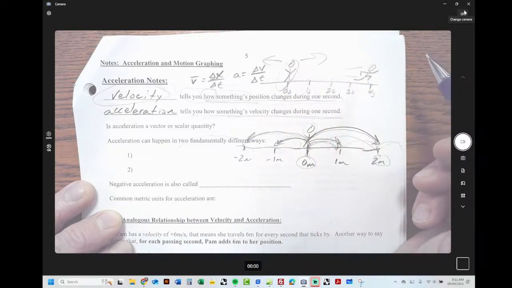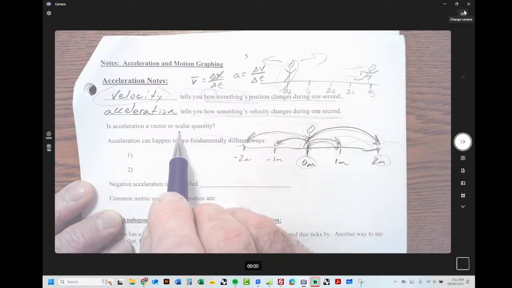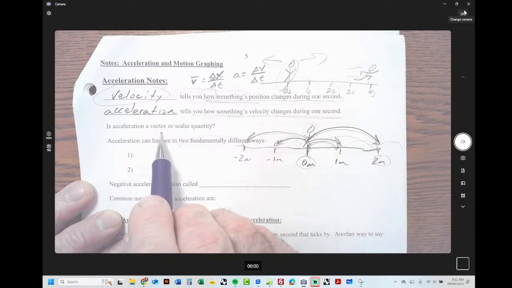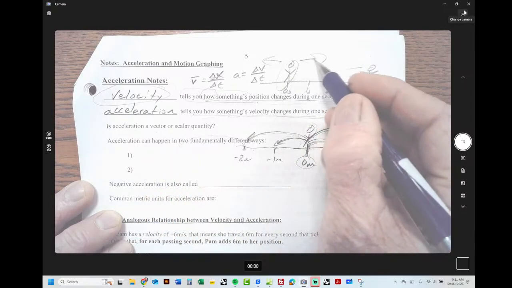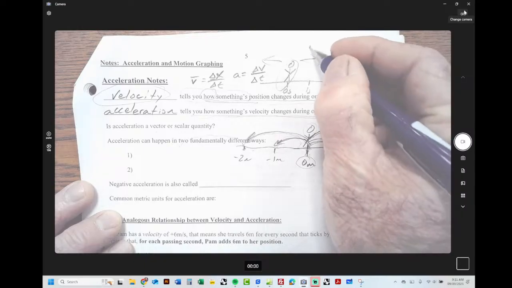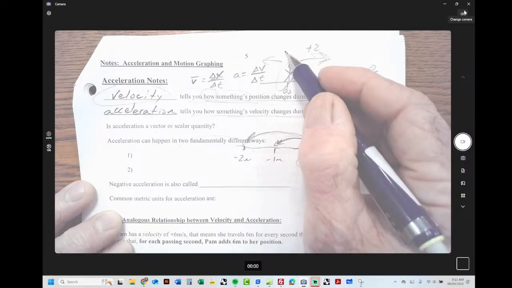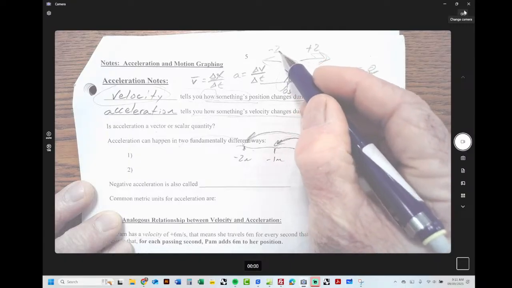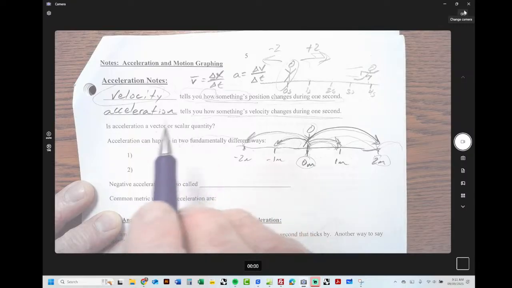Yeah. So therefore, is acceleration a vector or a scalar? Does it have direction? So if you accelerate this way, I could say your acceleration is +2. We'll worry about the units in a second. Or if you accelerate this way, I would say your acceleration is -2. So that means it's a vector or scalar.